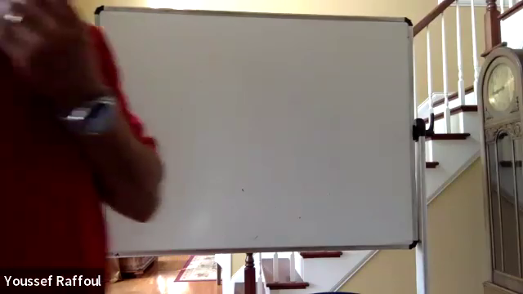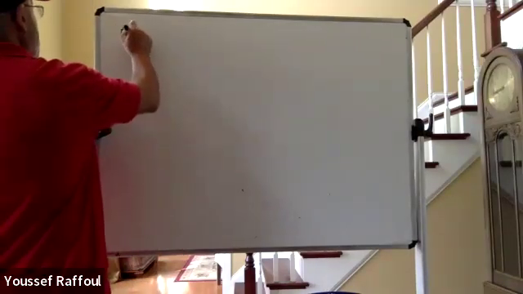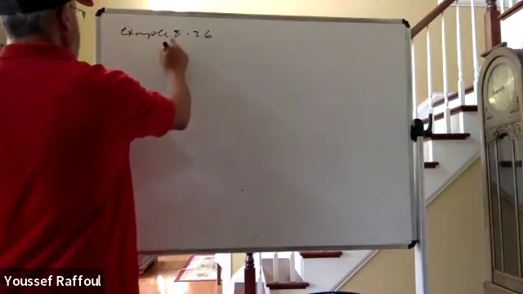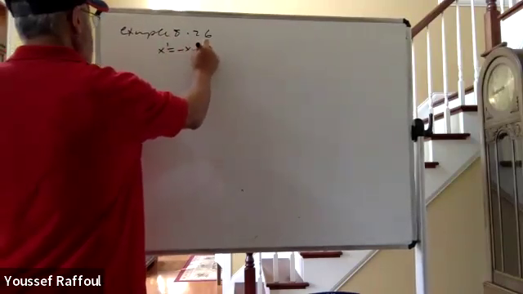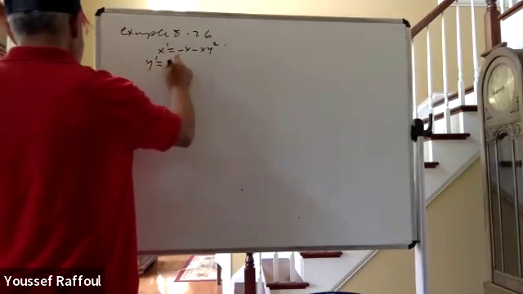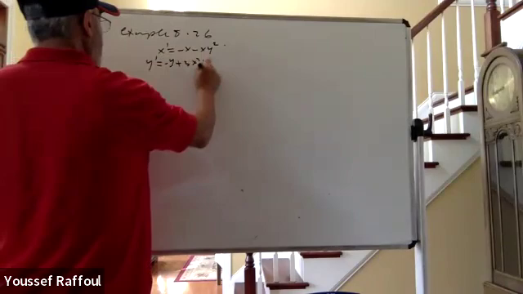All right. Let's take x prime is minus x y squared. y prime is minus y plus 3x squared y.